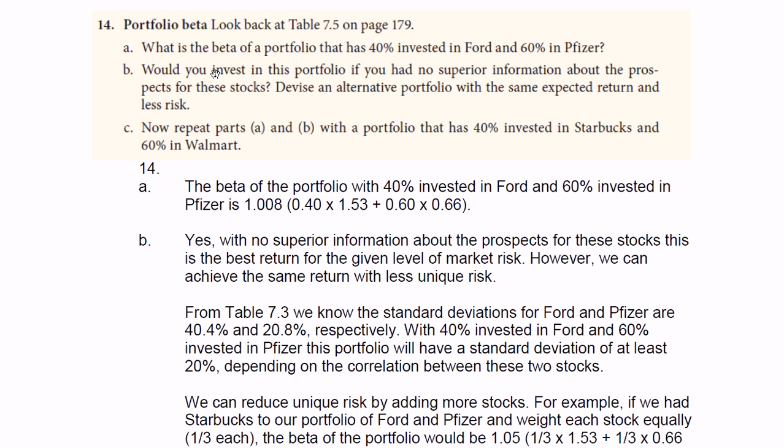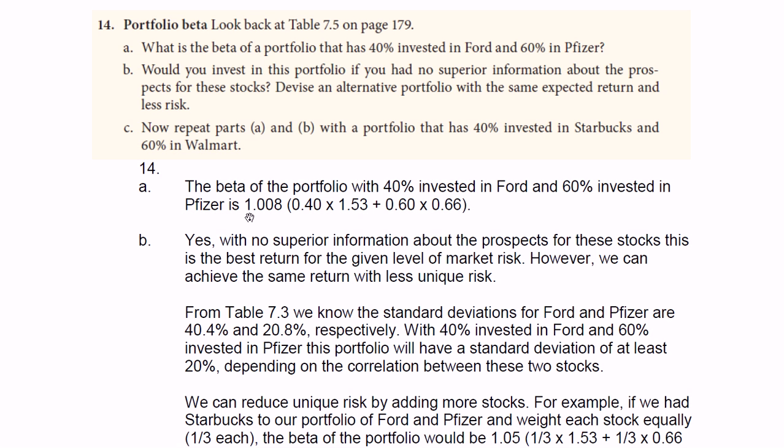What is the beta of a portfolio that has 40% invested in Ford and 60% in Pfizer? The beta of the portfolio is simply the weighted average of the two betas from the two companies. 40% invested in Ford, so it's 40% multiplied by Ford's beta, and 60% multiplied by Pfizer's beta.